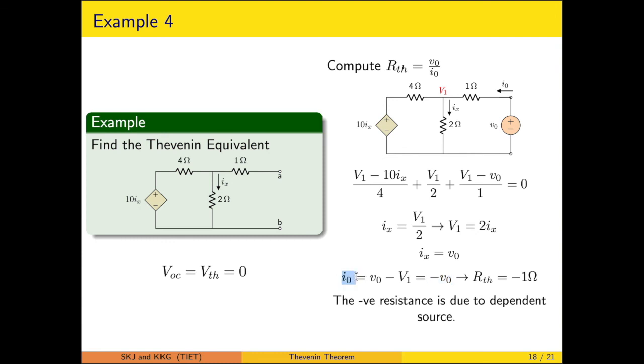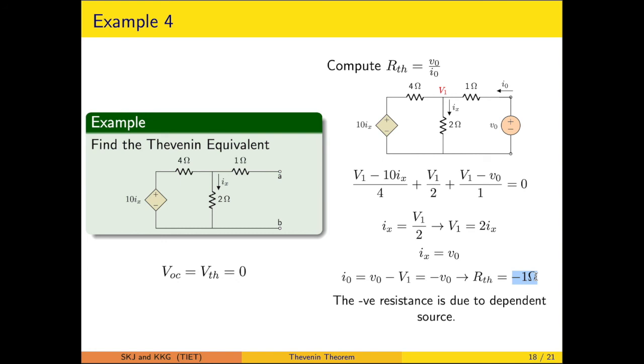Now this I0 is equal to minus V0, a relation between V0 and I0. From this we can calculate RTH, which is equal to V0 upon I0, equal to minus 1 ohm. Now this negative resistance is a really interesting property, because we have not seen resistance with a negative value.